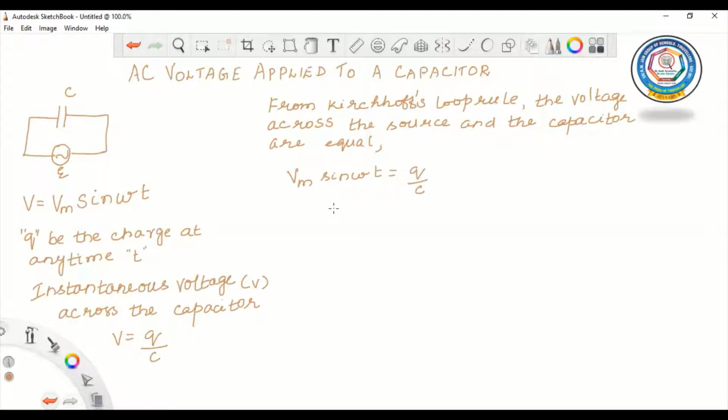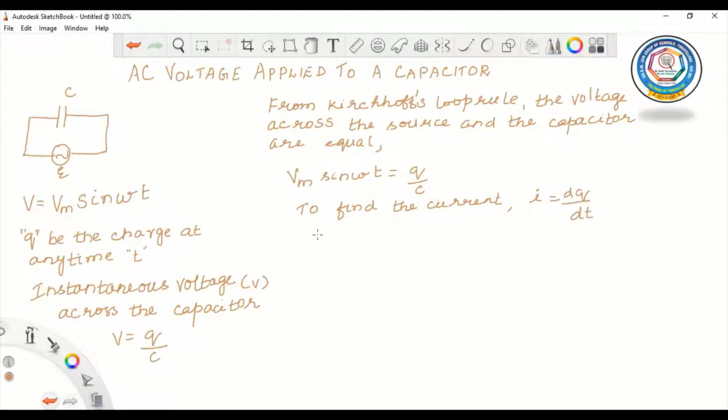So in order to find the current, we are going to use a formula. What is our aim? We want to find the current. So to find the current, we are going to use the relation I is equal to dq by dt.